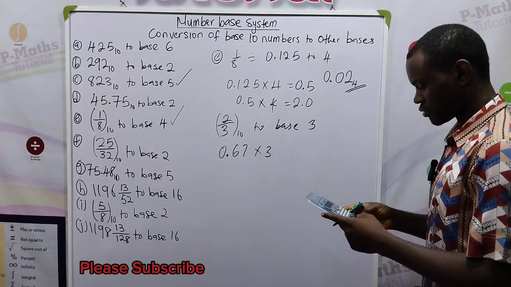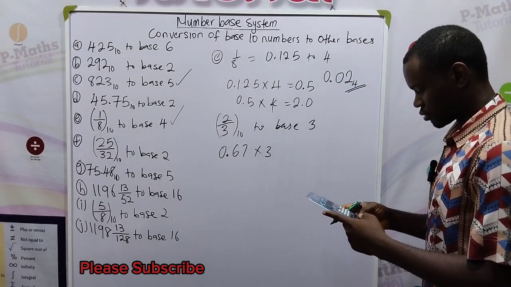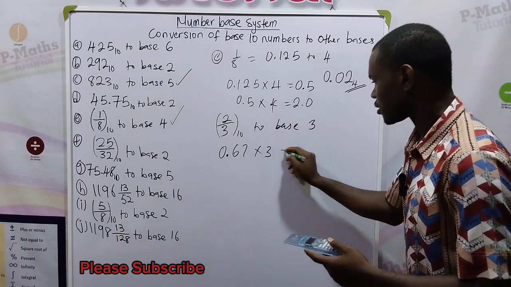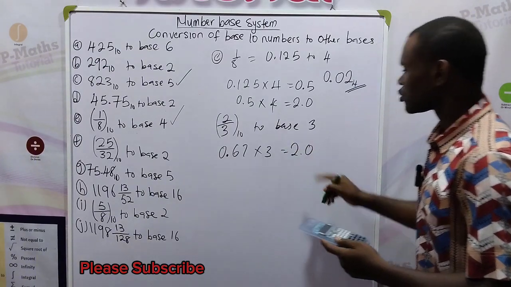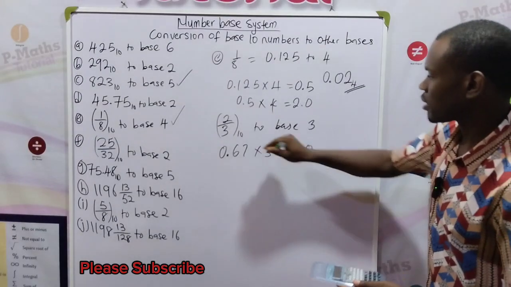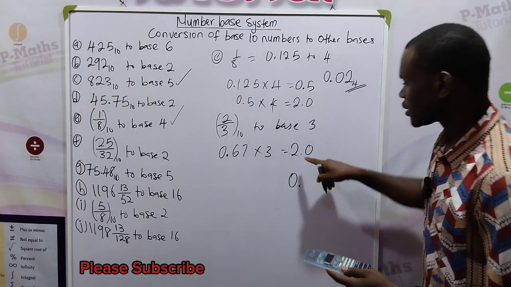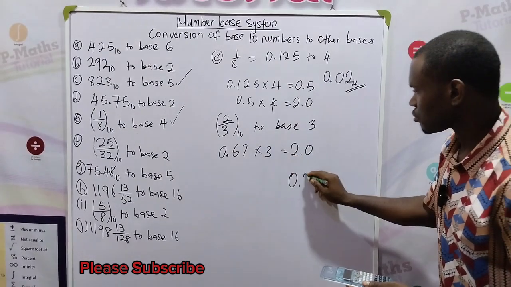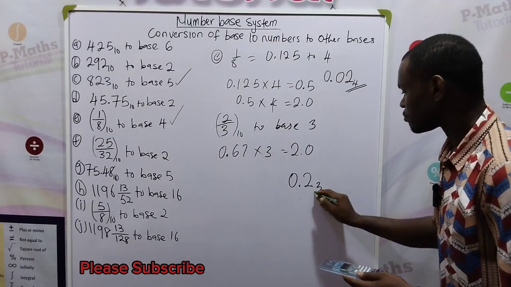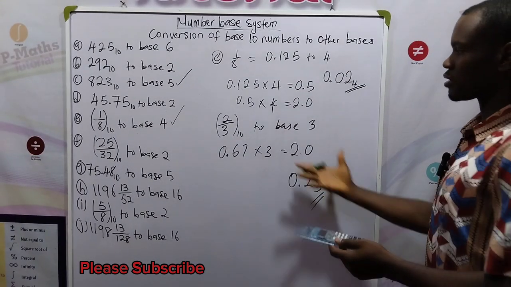So I'll say times 3. Okay, that's giving me 2 directly. That is 2.0. So our answer would be, remember, since we don't have a decimal part, that means we'll have a 0 point, then the whole number is 2. We take down 2. So this is now in base 3 directly. So this one is quite simple.